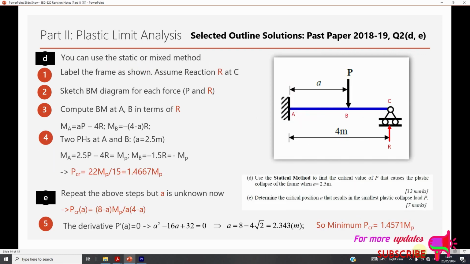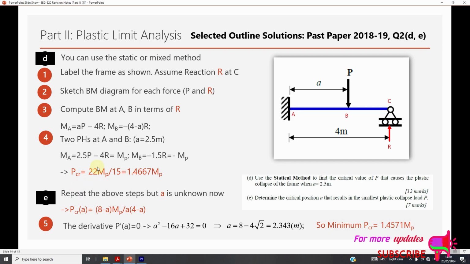You can use static and mixed methods. So label the frame as shown. Assume reaction R at C. Sketch the bending moment diagram for each force, that is P and R. As you can see, this is a point load and this one is an R load here. R at 4 meters and P point load at a meters from this fixed end.